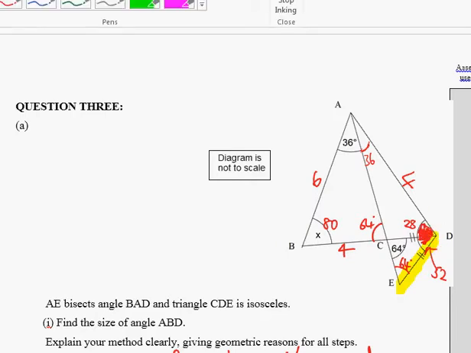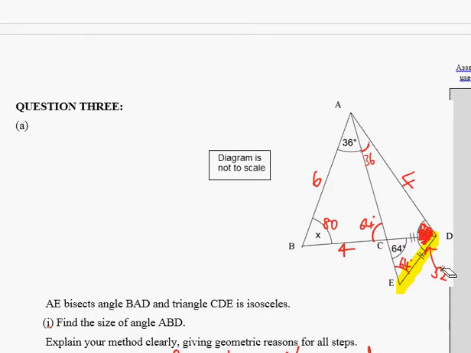So just to help us with that, we erase those two, and I write that back as 80. We colour in the 80 over here. The 36 we'll call our double angle, which is the same as this 36 here. And then I can see there's a 64 here and a 64 there. So they're similar triangles actually.